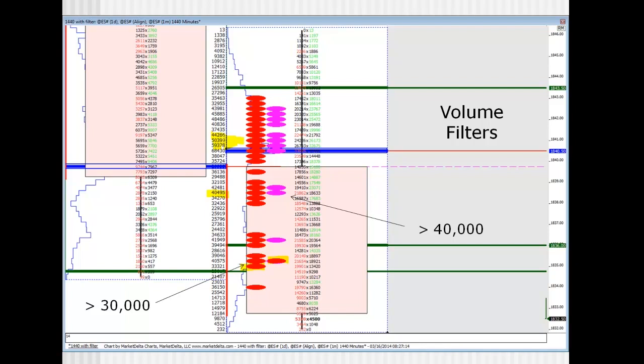So certainly this is a far more significant level here than perhaps, say, this one would be. Far greater participation up here, and you notice it's also right at the volume point of control. And similarly, if we come down here, this level is not as potent as it is up here. This one is probably more akin to the level there.